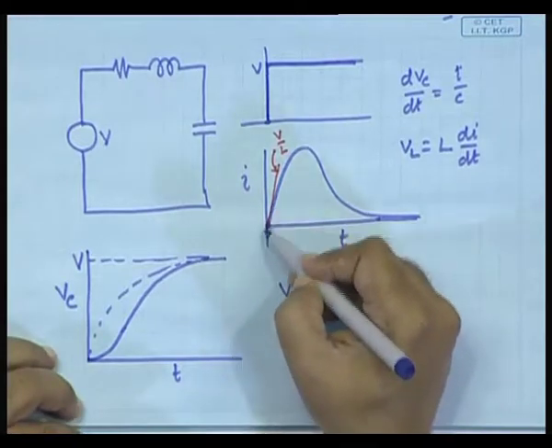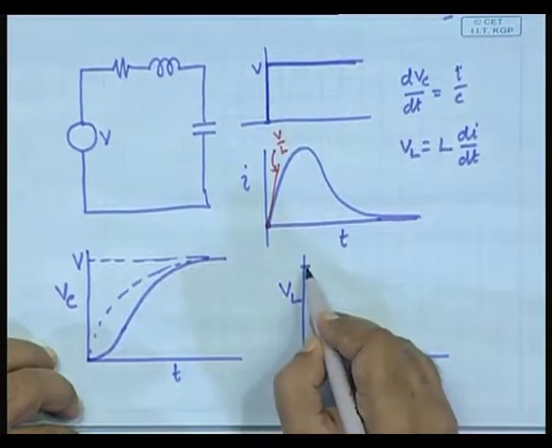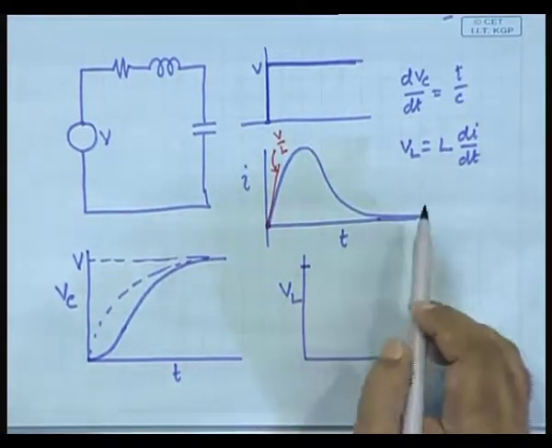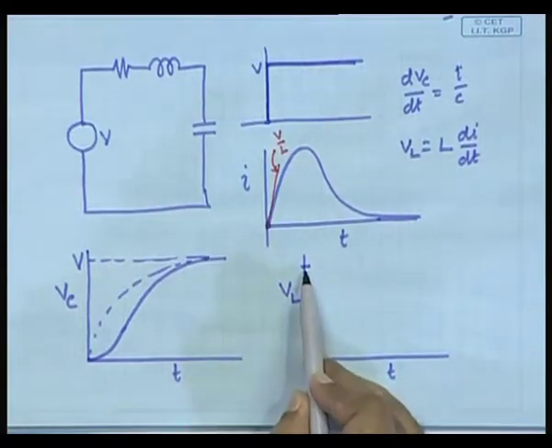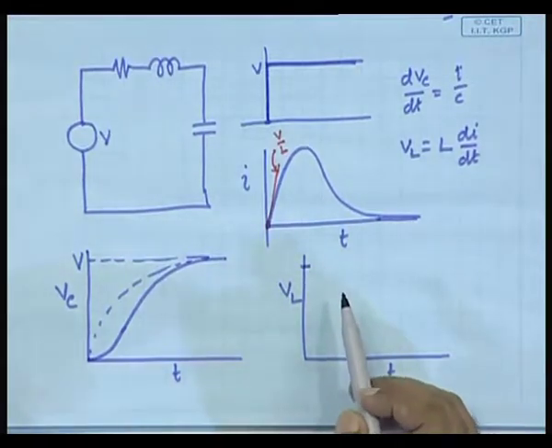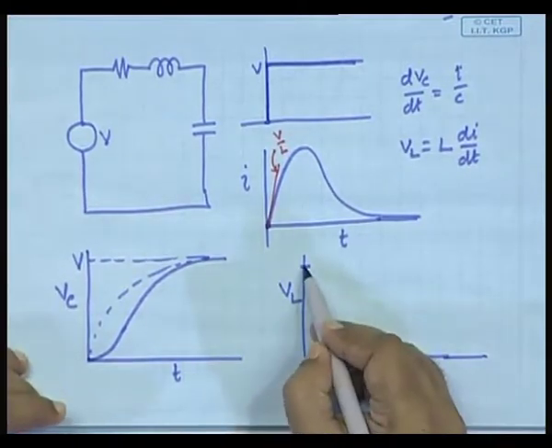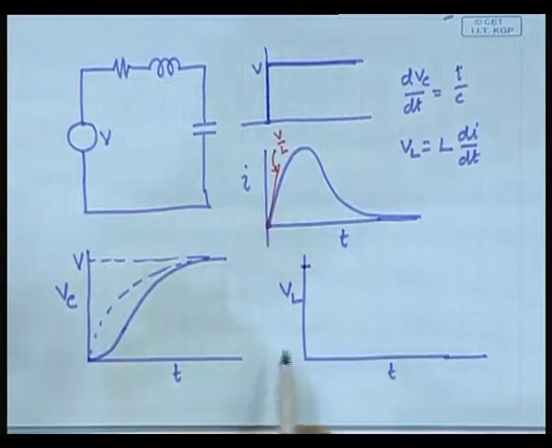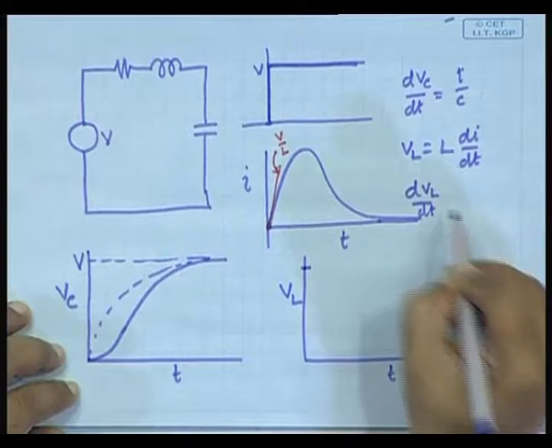The current function's derivative initially starts with V by L, and times L it will be V. So, the slope starts with V, starts with what value? V. But then what will be the slope at infinity? Which requires dVL dt. Okay. So, we will be then interested in dVL dt. What is it?